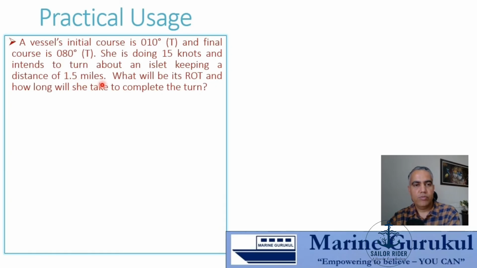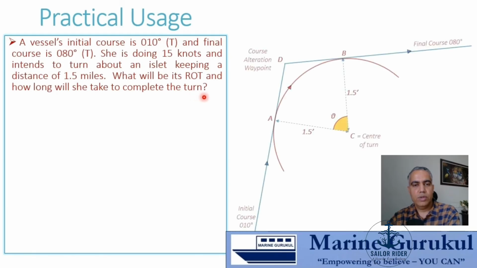So basically 1.5 miles is the radius of our turn. We need to find out what will be the rate of turn and how long will the ship take to complete the turn.